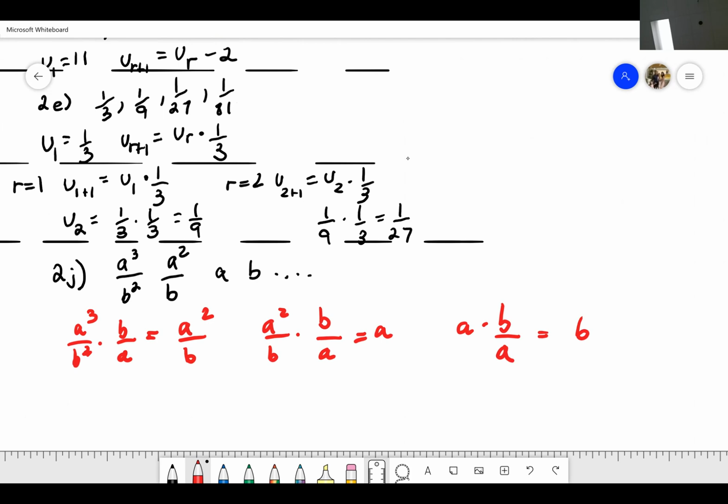It's called imagination. You have to be clever. And the more you practice these things and the more you think about it, the more you can put together the puzzle to make it happen. But do you see that? So we have u_1 is a to the third, b to the second. So u_{r+1} equals u_r times b over a. And that's the inductive definition of this.